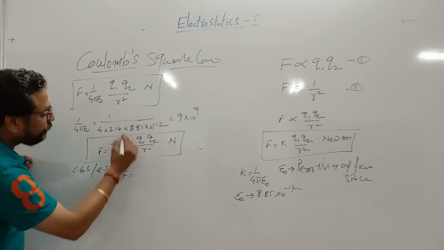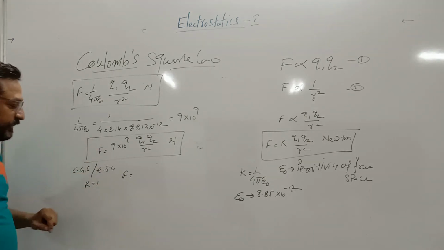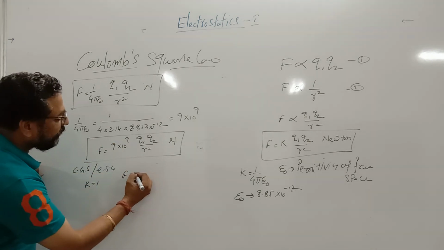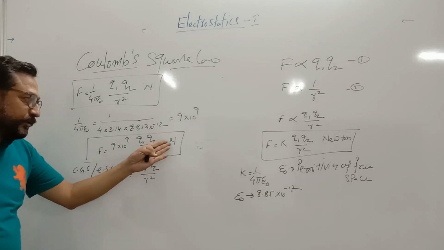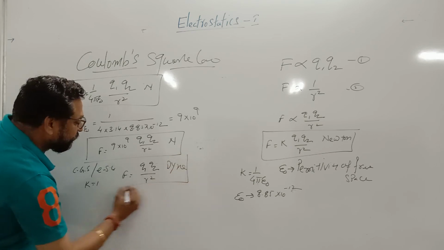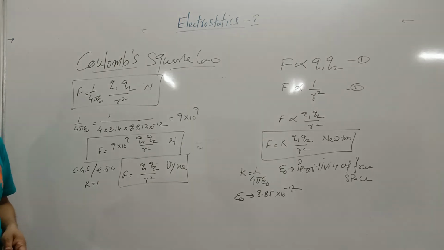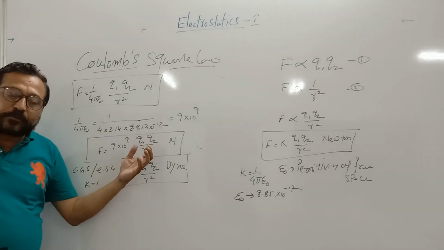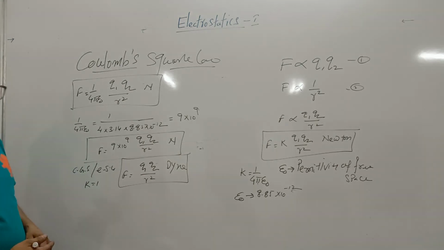There K is 1, so F is equal to 1 Q1 Q2 upon R square, and the unit Newton is changed to dyne. That's the unit in the CGS system, and this is Coulomb's inverse square law. On the basis of this law, we explain other things later on.